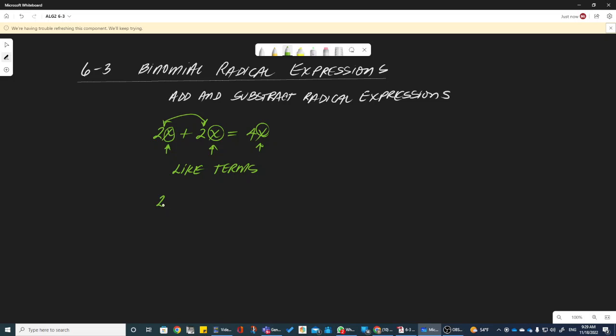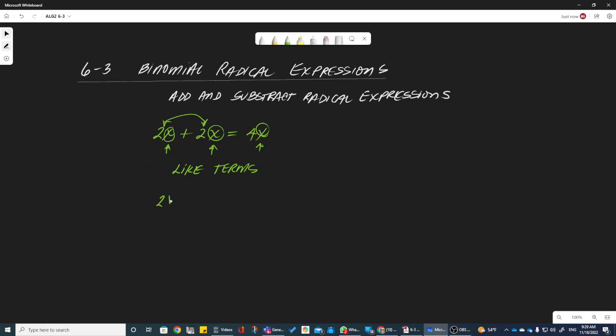For instance, you will not be able to add 2y plus 2x because these are not like terms. So for that reason, this cannot be simplified further, okay?